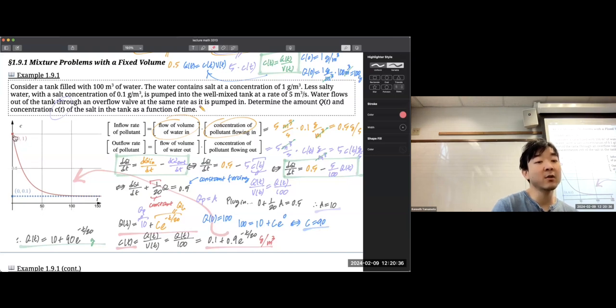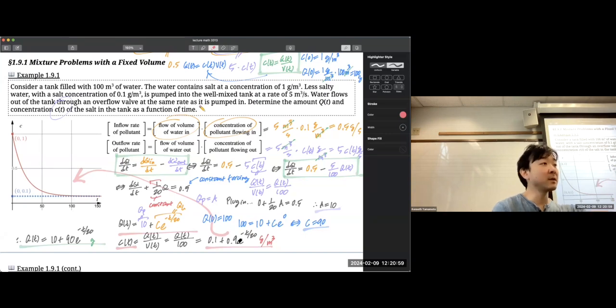It definitely has the correct initial condition because it says the water contains salt at the concentration of 1 grams per meter cubed. So you see at time 0, it is 1. And it's going to exponentially decay because you have this e to the negative t over 20. So as time goes on, this is an exponential decay.